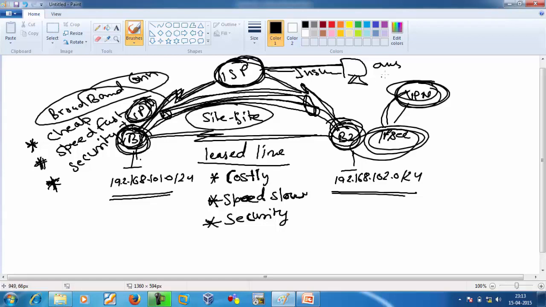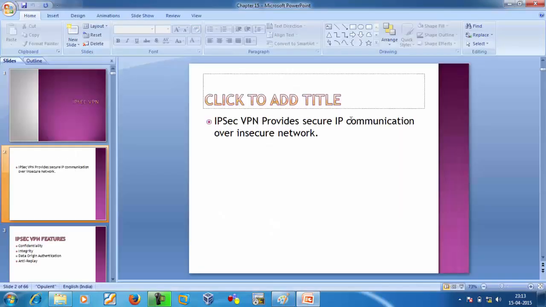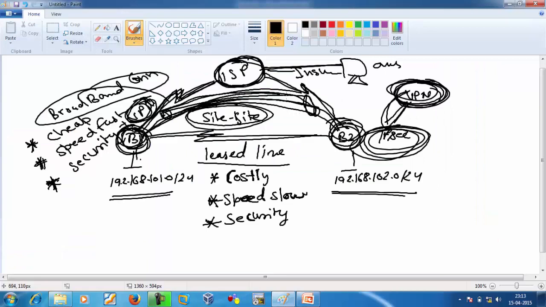Again I will repeat: when we are using IPsec, definitely we are implementing VPN. When we configure site-to-site VPN between two branches, it will provide secure IP communication between branch 1 and branch 2 through an insecure network.